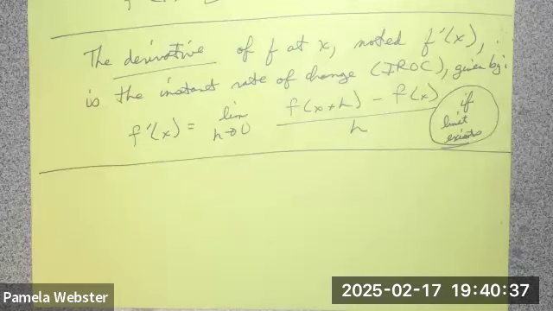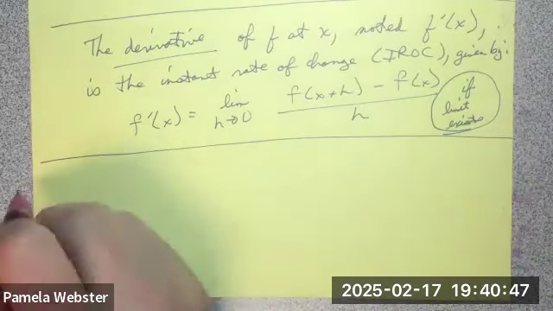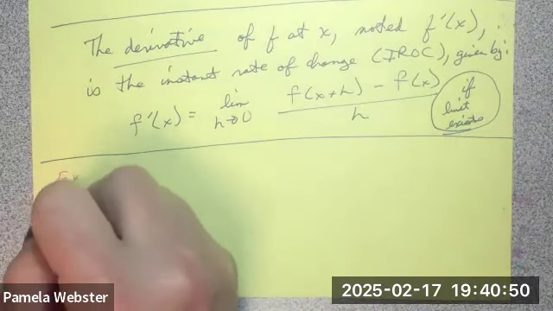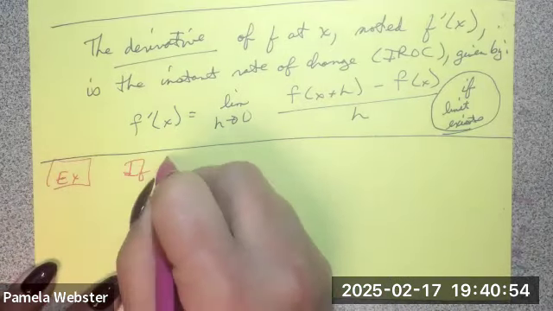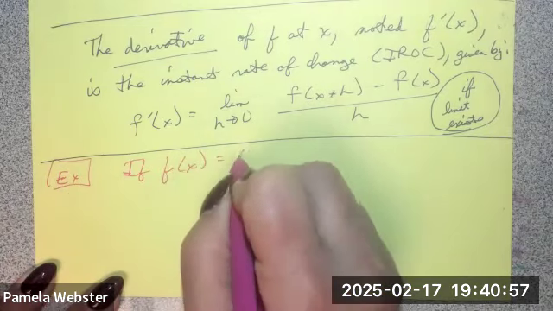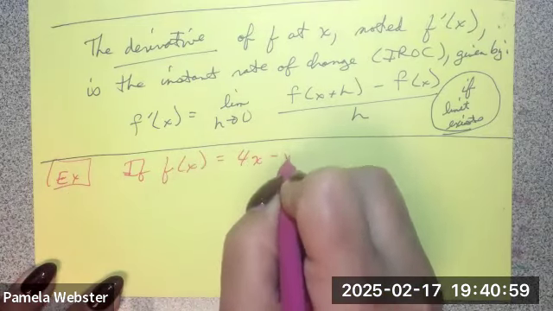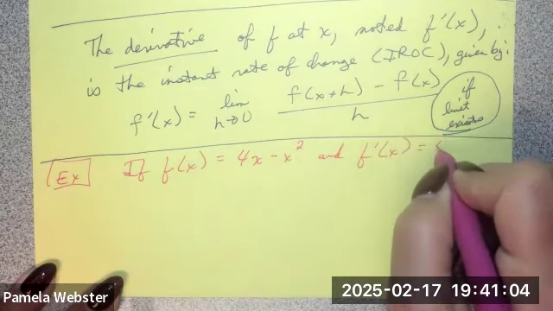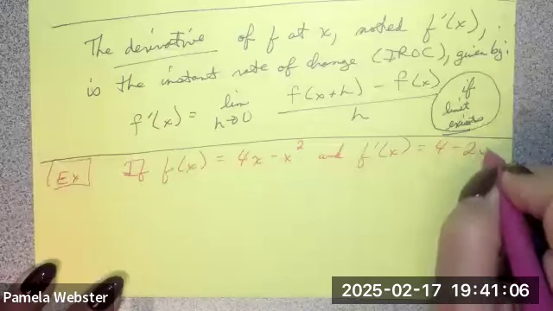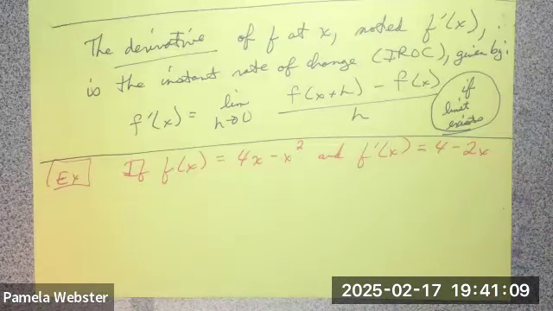Okay, so as a reminder, let's look at the idea here of the derivative and what's going on, the slope of the tangent line, all that good stuff. So I'm just going to give you a little example here. If you know f of x equals 4x minus x squared, and that f prime of x is 4 minus 2x. Hopefully we know that by now, right?